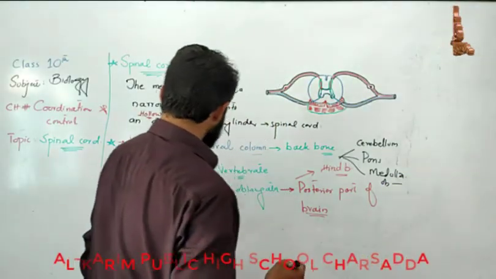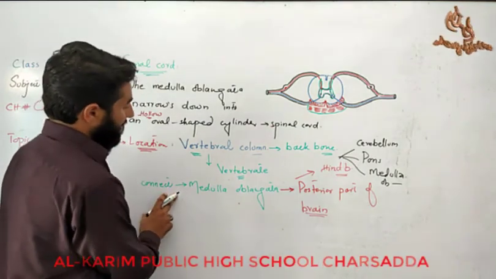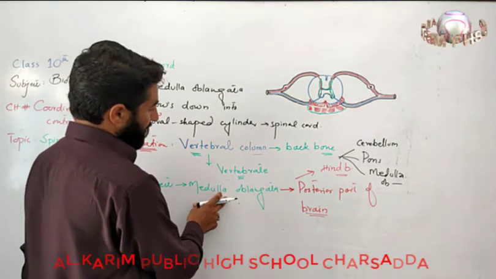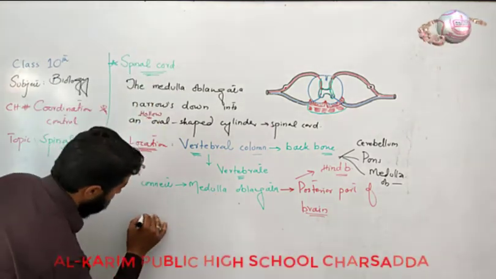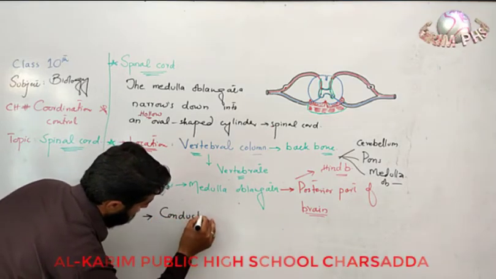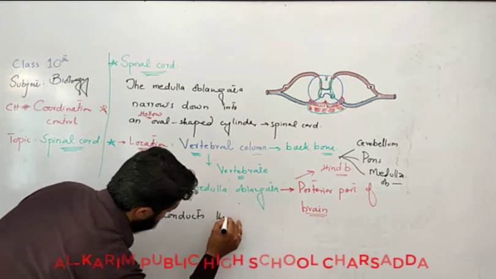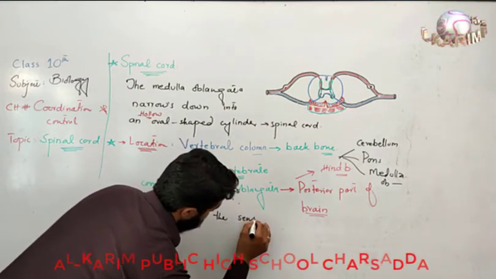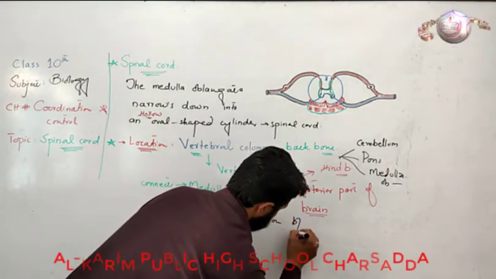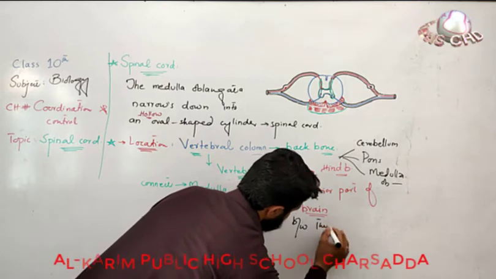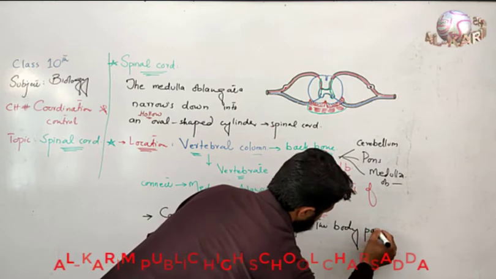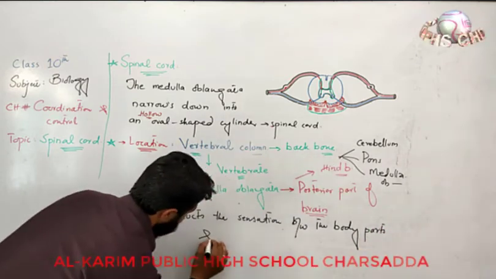So actually the spinal cord connects with the medulla oblongata. It makes a connection, or simply we can say it conducts. The spinal cord conducts the sensation between the body parts and the brain.